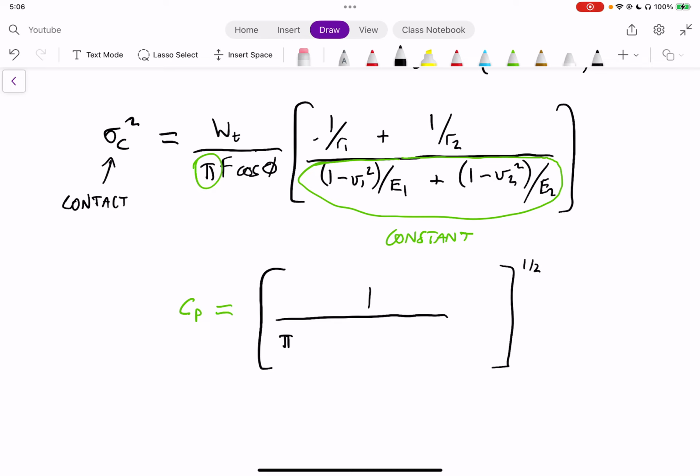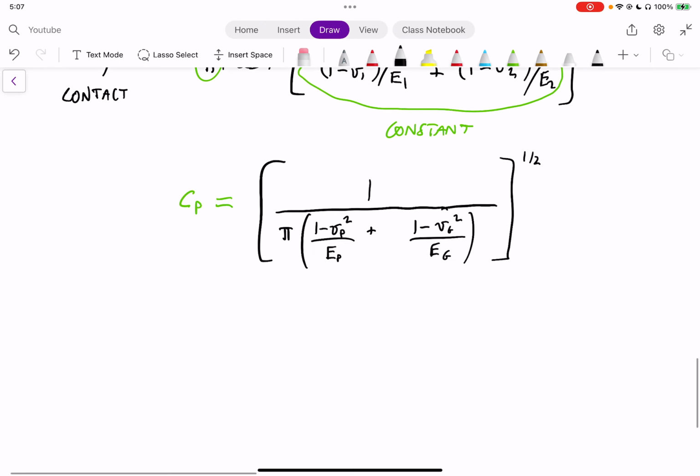Let me rewrite what is inside the brackets: 1 minus V of pinion squared over E of pinion, plus 1 minus V of gear squared over E of gear. So we have one pinion, one gear, and based on the pinion and gear, we can solve for CP. And we have that to the 1/2.